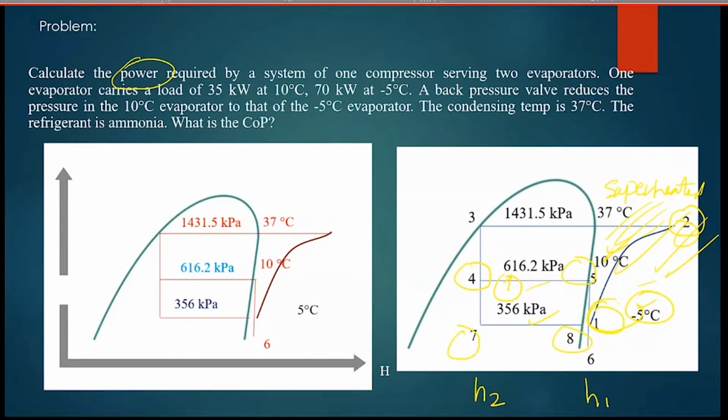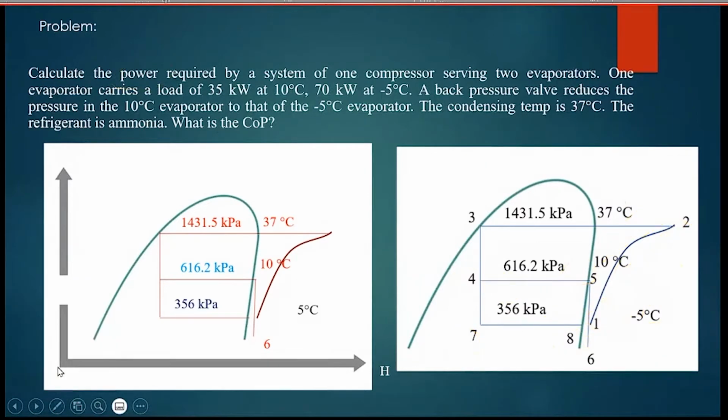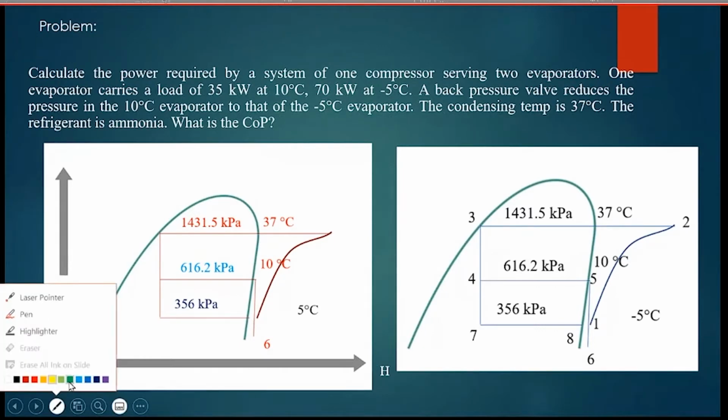Now, I want to remind you of the technique to get the enthalpies easily. When you draw the given data in the pH diagram, it appears like a complicated system, but the technique here is this: we have to be very systematic.